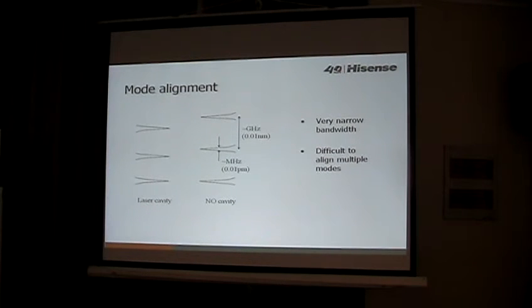These two resonators have two sets of modes, so it's very difficult to align these two modes, their wavelength positions, exactly to each other. And because different cavities have different sets of modes, it's even more difficult to align all the multiple modes together.